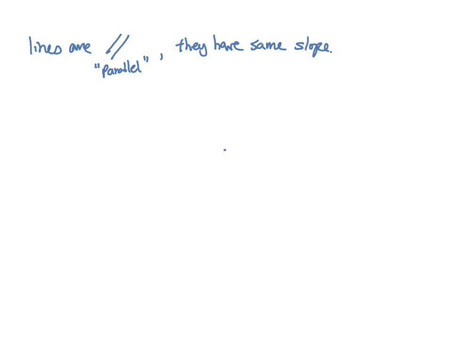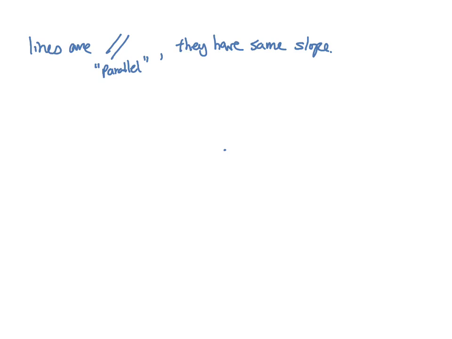Number 4: determine if the pair of lines are parallel, perpendicular, or neither. These are a couple of things you have to remember. If you have lines that are parallel to each other, the slopes are the same. So if two lines are parallel, they have to have the same slope.